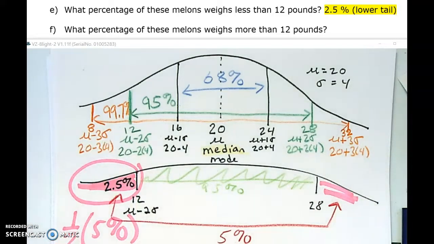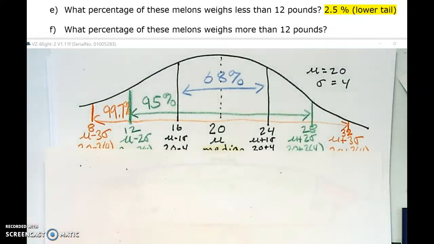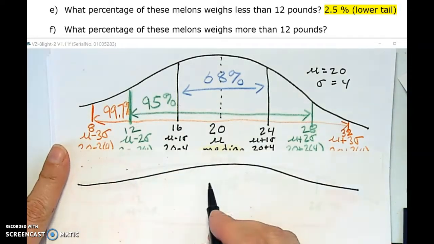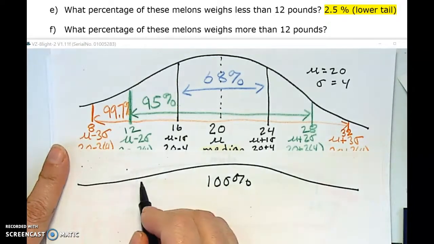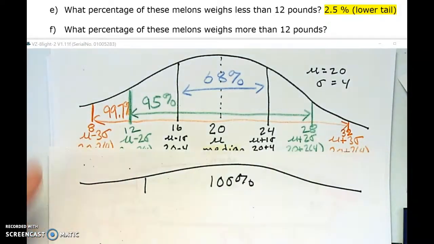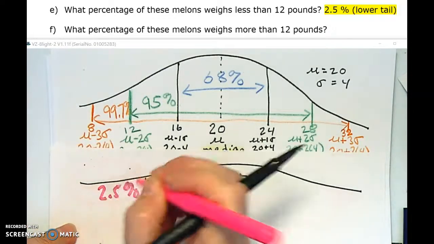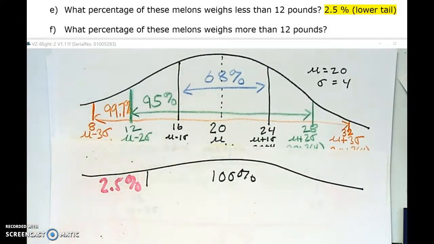There's two ways to look at this, and I'm going to draw pictures to depict both of them. One way is, you can look at the entire normal curve, and under the entire normal curve is 100% of your data. We can just chop off this little 2.5% guy over here, cut him off, subtract him.